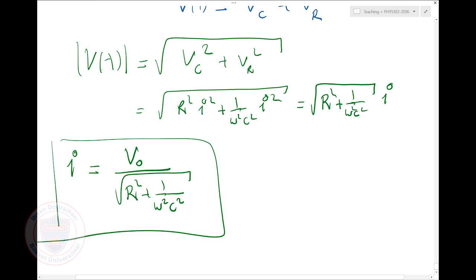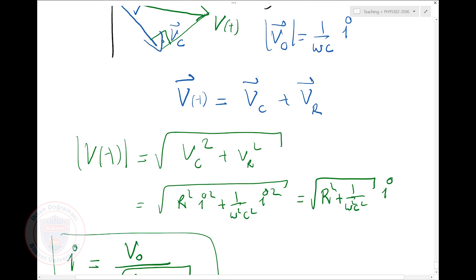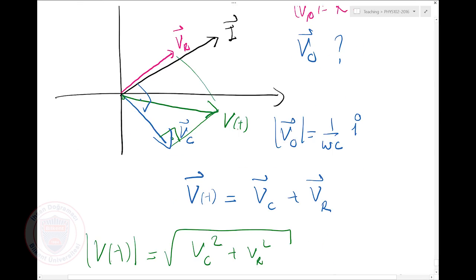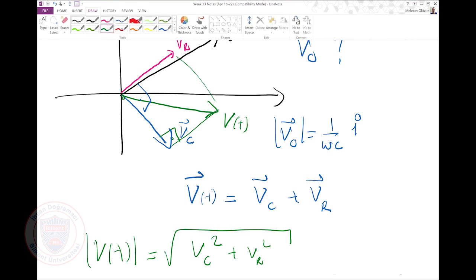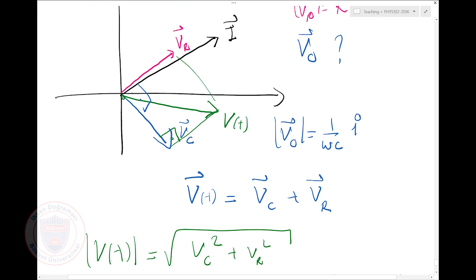But is that enough? I found the maximum of the current. I also need the phase of the current, right? What is that phase? I've said V is V0 cosine omega t. So basically the angle of this V, the total voltage or the source voltage, the angle from 0 to here is omega t.